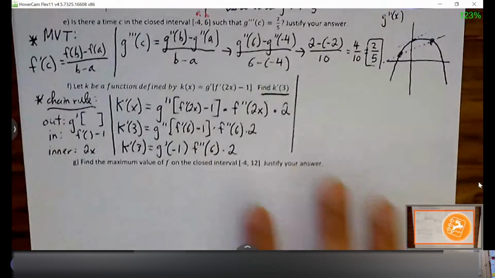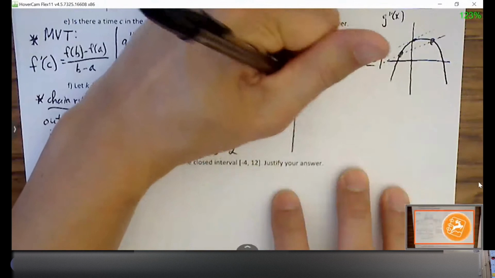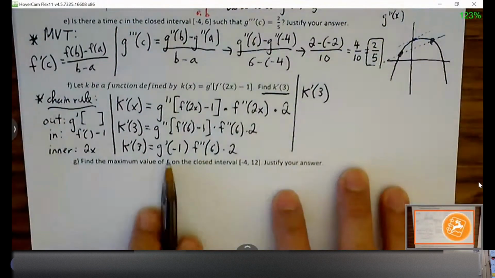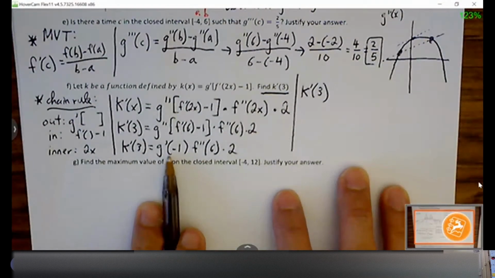Okay, so G prime of, oops, sorry, this is G double prime of -1, we go to our table. G double prime of -1 is just going to be -1.